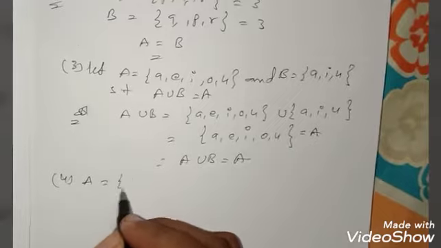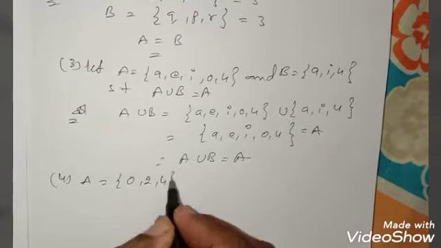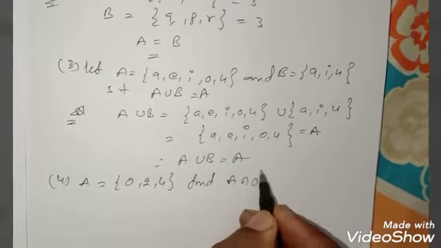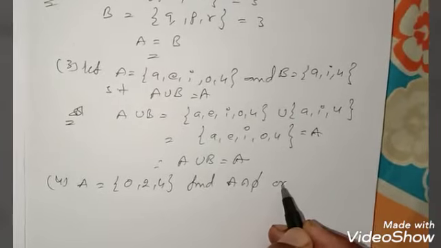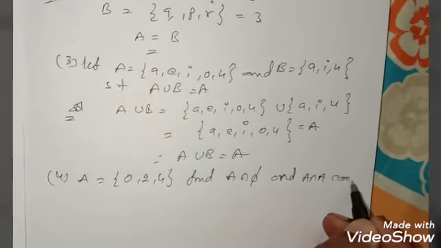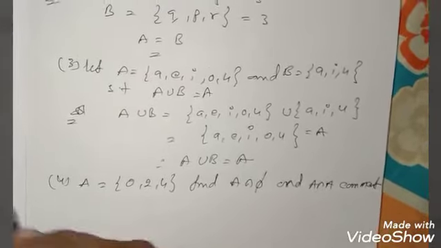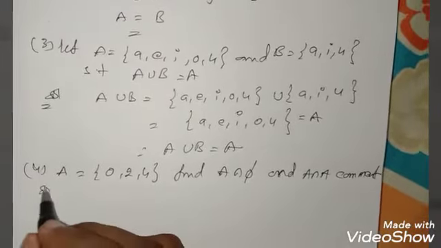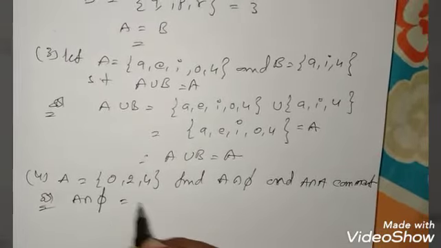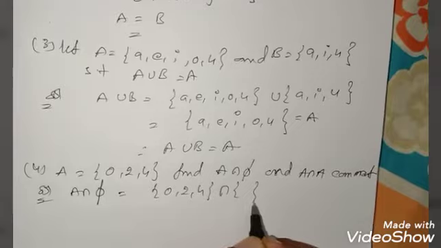Now the fourth one: A is equal to {0, 2, 4}. You have to find the value of A intersection phi and A intersection A, and also comment. A intersection phi is {0, 2, 4} intersection the null set.